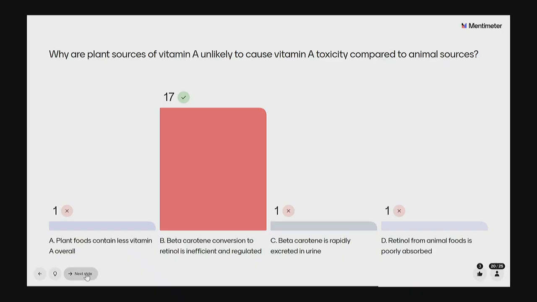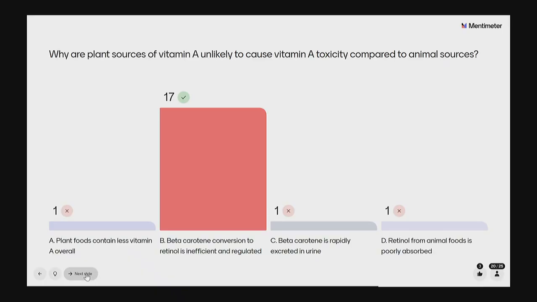We talked about retinol activity equivalence, RAE, and how one retinol activity equivalent is equal to 12 micrograms of beta carotene. There were some reasons why this conversion is inefficient, because the body will regulate how much it absorbs. Because it's so well regulated, you cannot go into toxicity. It's very rare to go into toxicity from just plant sources.